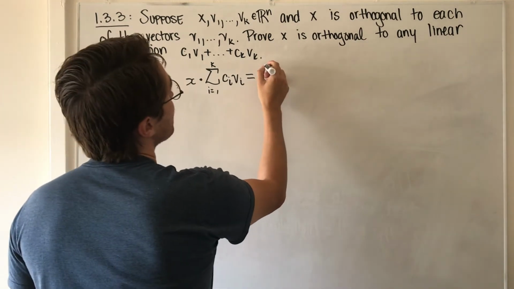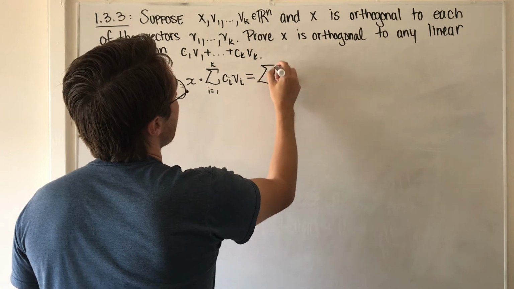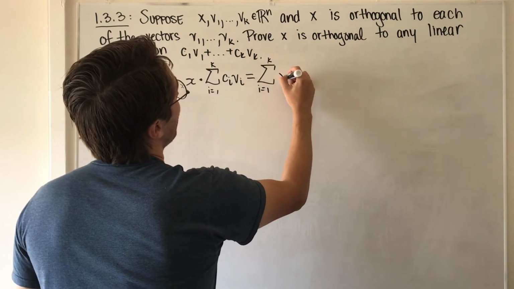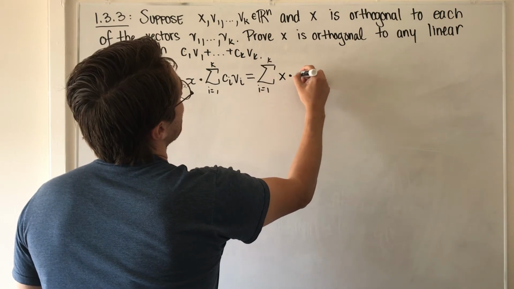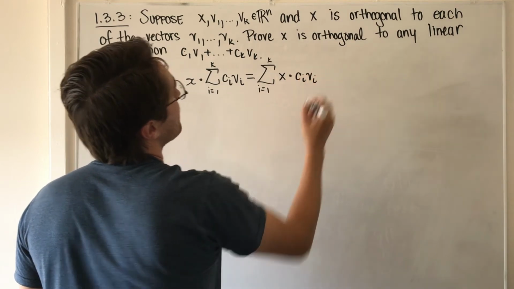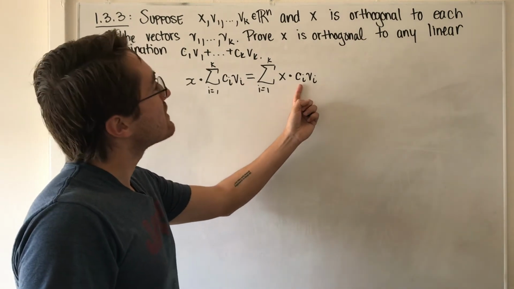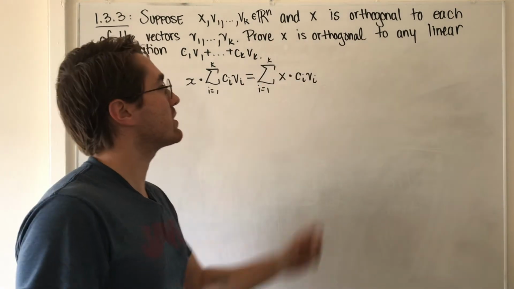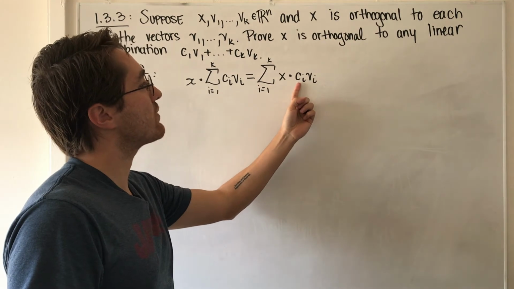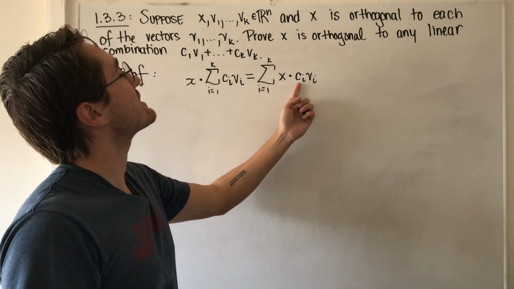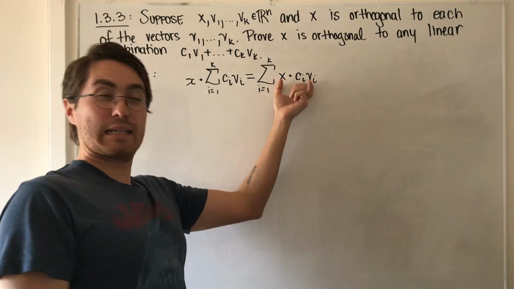So this is really going to be the sum from i equals 1 to k of x dotted with c sub i, v sub i, right? But then remember, I can pull out the coefficient here, the scalar value, the field element that I'm multiplying by, and look at it as this times the dot product here.